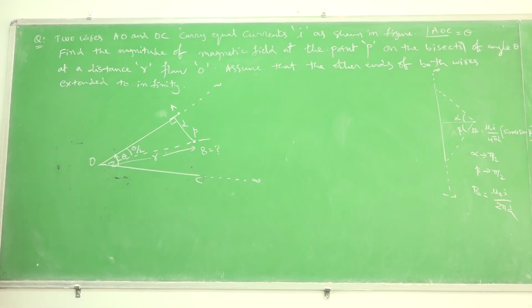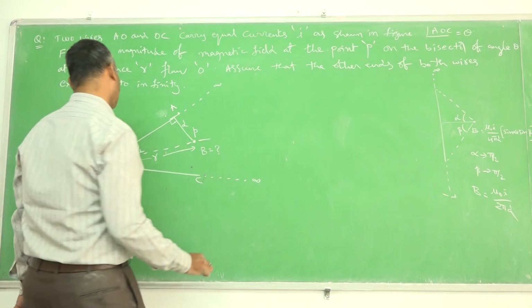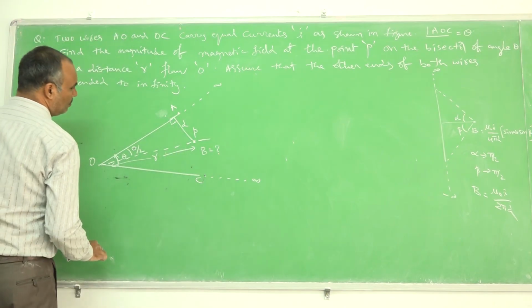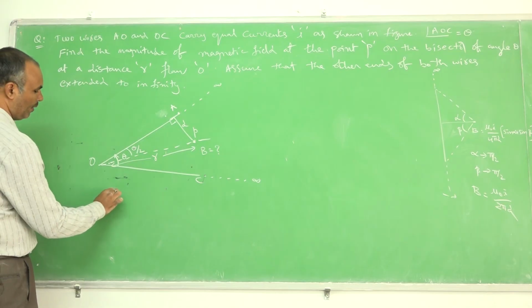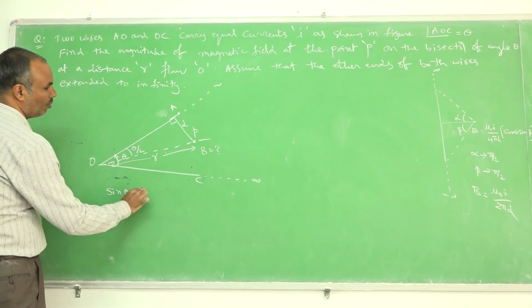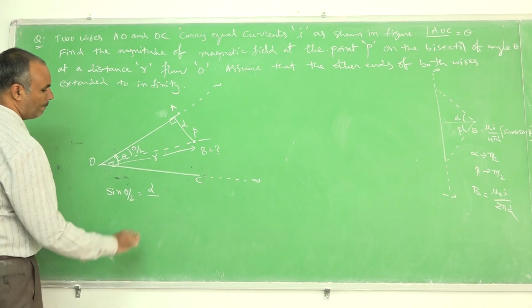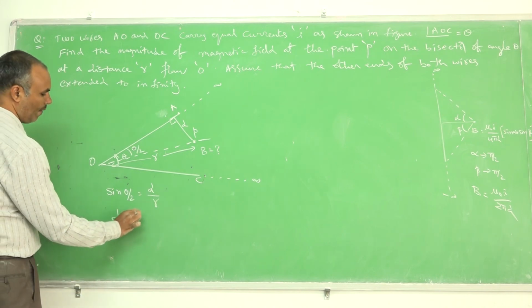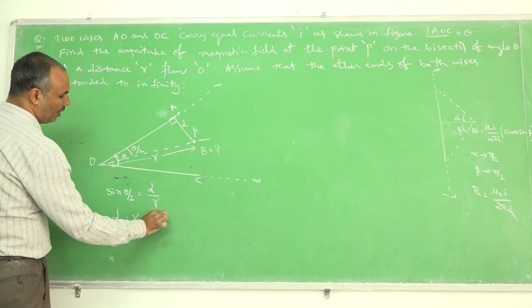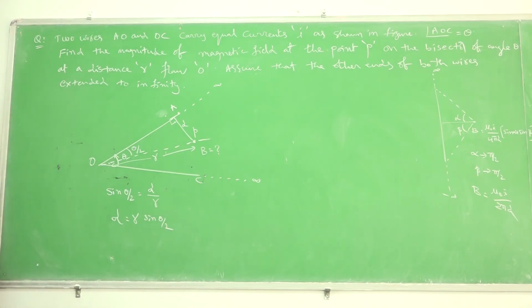Which trigonometric ratio is suitable? Here sin theta by 2, which is opposite side by hypotenuse. Then the perpendicular distance is r sin theta by 2.